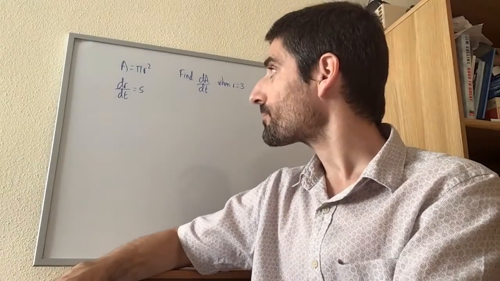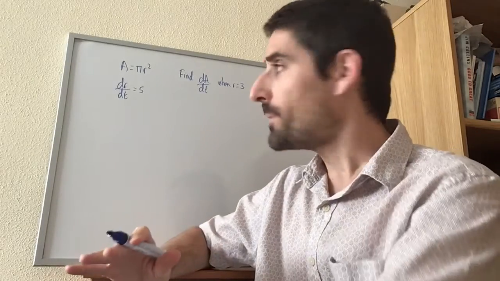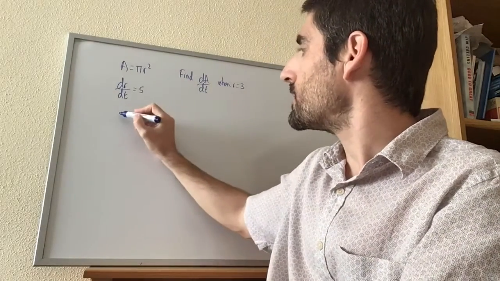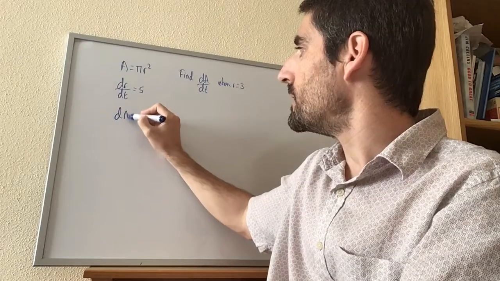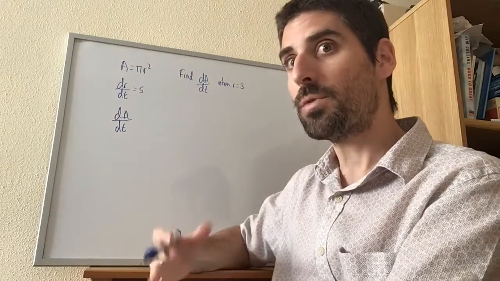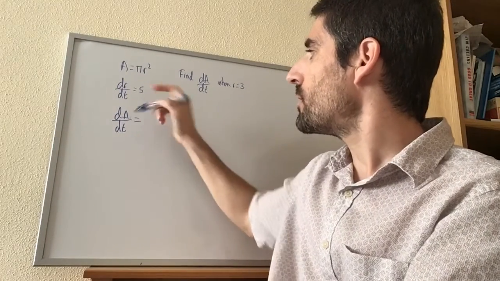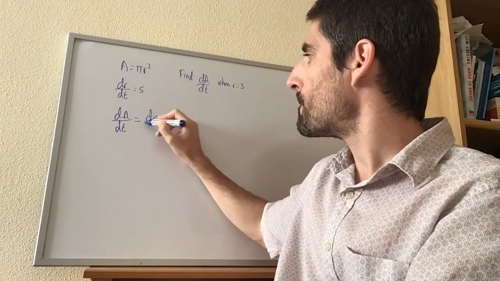Now, if you think about it, you want to find dA over dt. That's what you want to find. Well, that's going to be equal to, I know dr over dt.